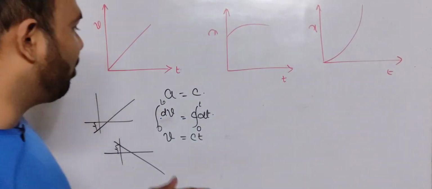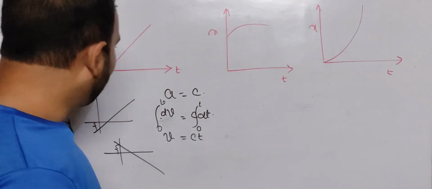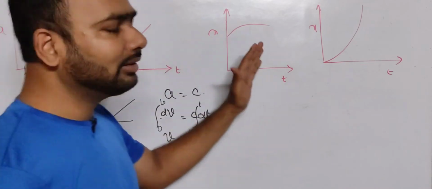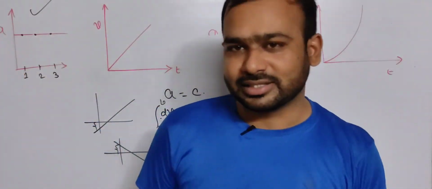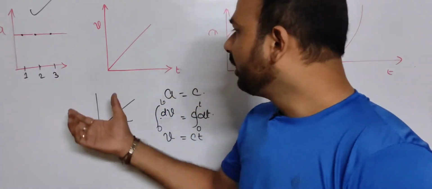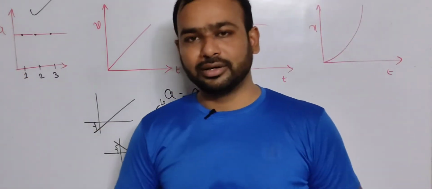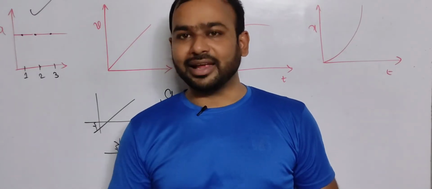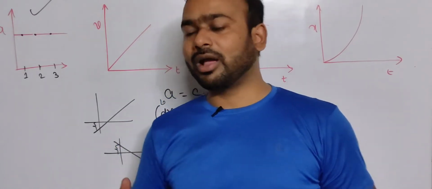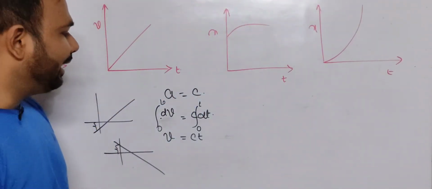The question can be more problematic if there are two velocity-time graphs, where one is passing through the origin and another is passing through some intercept. In this situation, we have to think about that. This is a fixed situation. There should be a fixed time-bound region. We cannot take infinite time for our calculation. That's why we have to consider a definite integral here.